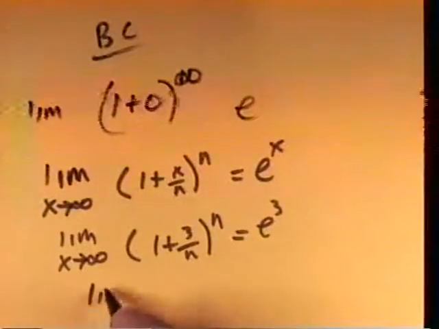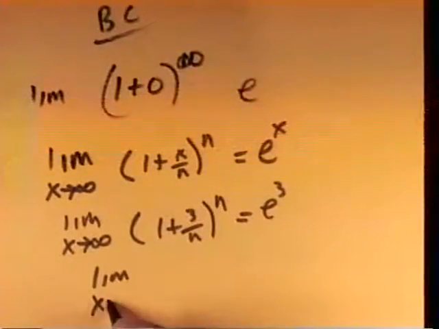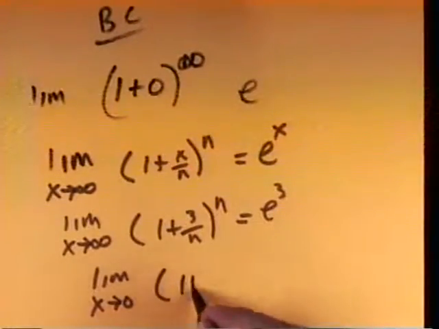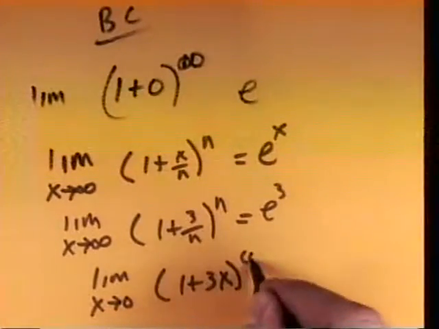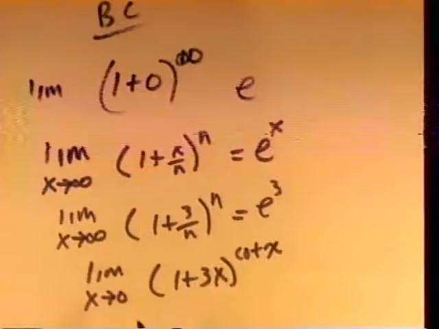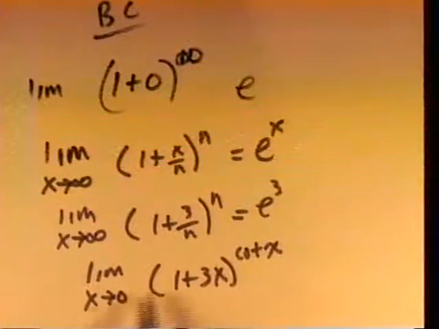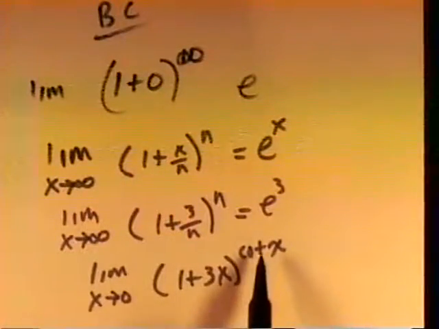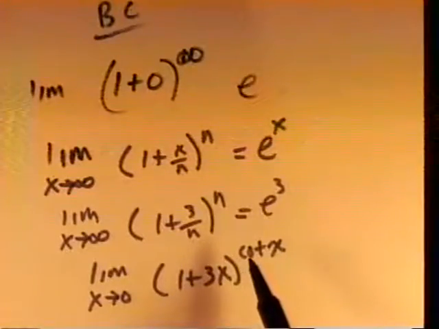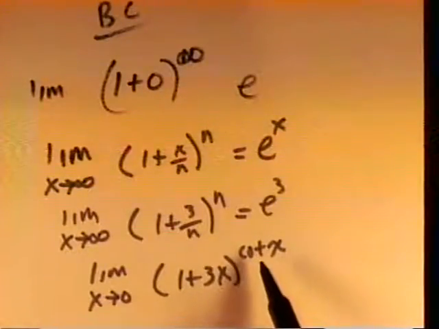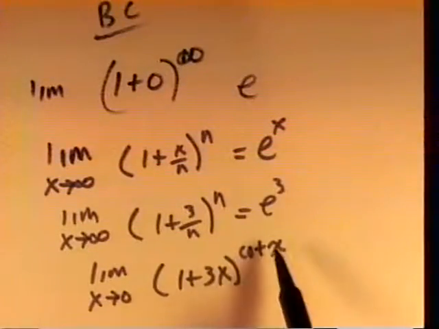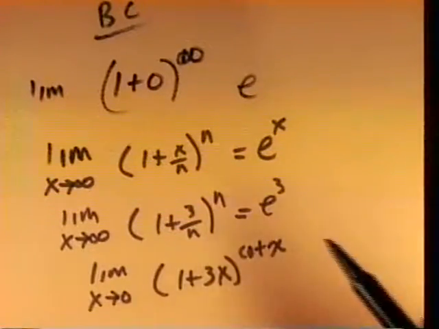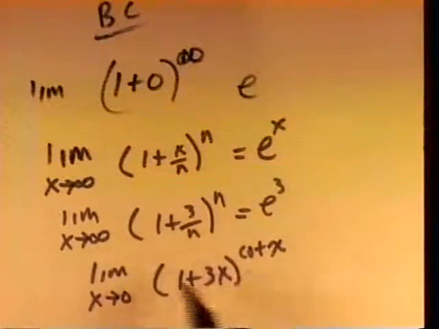So now when I gave you this problem, limit as x approaches 0 of 1 plus 3x to the cotangent x, is that right? When you plug in 0, you get 1 plus 0, and cotangent's cosine over sine, and the sine is 0. So this is 1 plus 0 to the infinity. So you know this is an e thing.